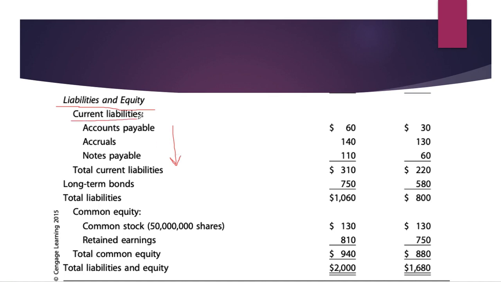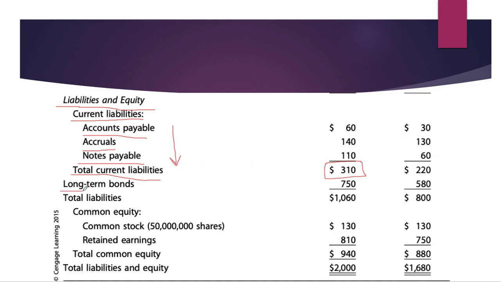And as you see, we have the major category here as current liabilities, including accounts payable, accruals, notes payable. And usually this notes payable has interest-bearing property. So we have to also pay the interest for the notes payable. And then these are added together to calculate the total current liabilities of the corporation, given as $310 million.